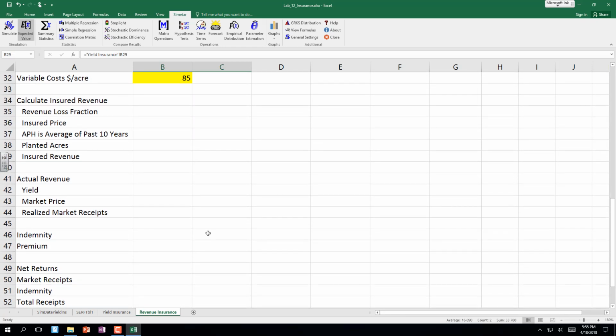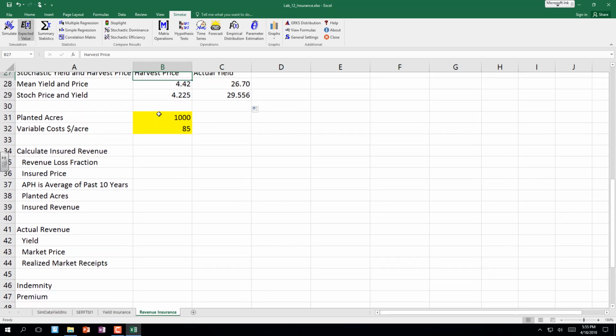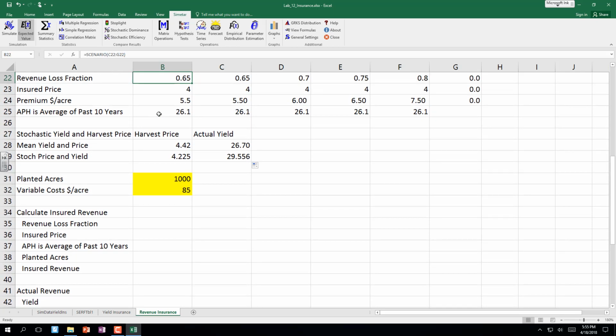Now this time, we're worried about yield and price combinations. Okay? So we're going to calculate the revenue loss. To do that, I need the insured price. That's at $4. It's B23. So equal B23.